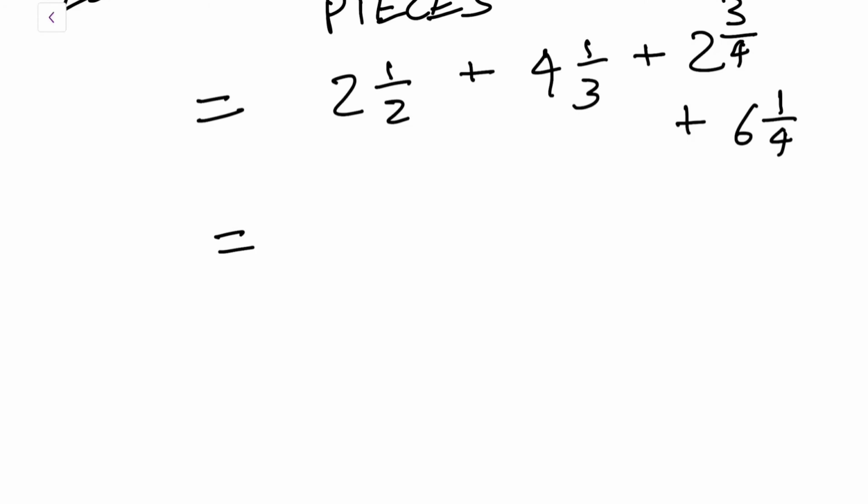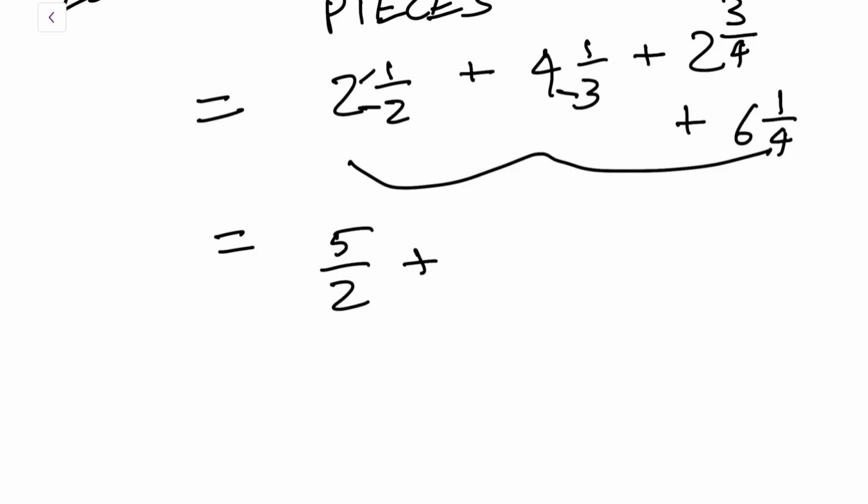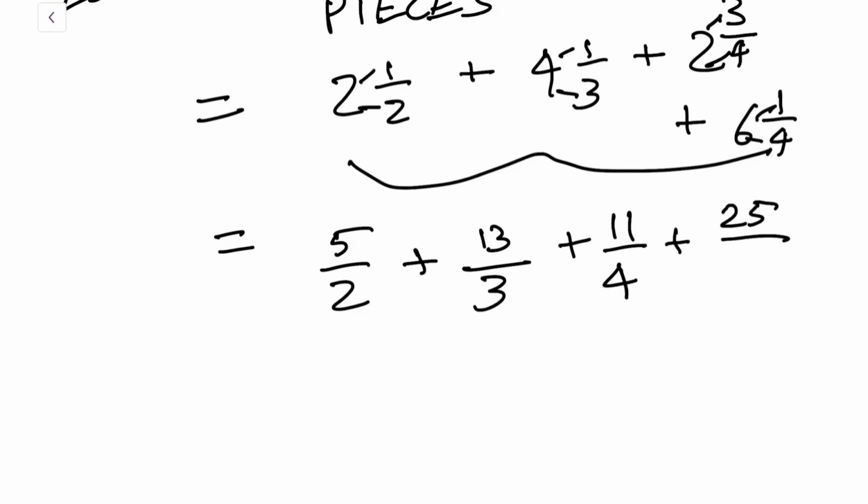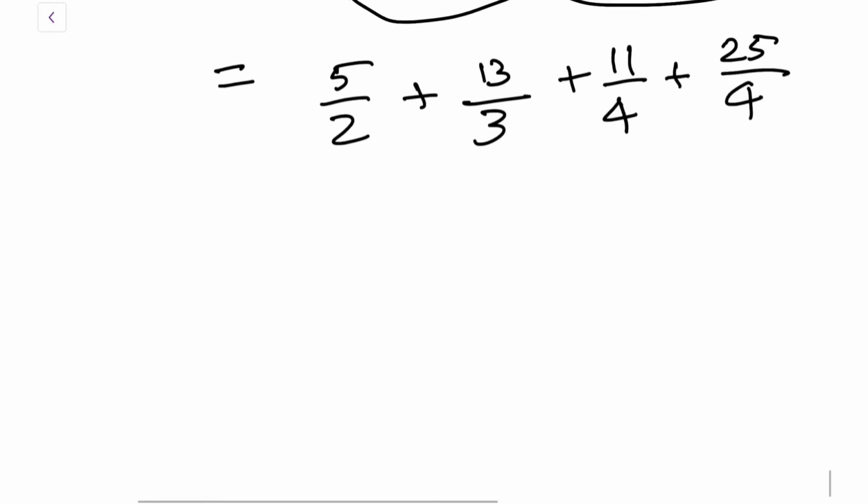Once you do this, it's a regular addition of fraction problem. So change it into improper fractions. 2 2s are 4, 4 plus 1 is 5 by 2, plus 4 3s are 12, 12 plus 1 is 13 by 3, plus 4 2s are 8, 8 plus 3 is 11 by 4, plus 6 4s are 24, 24 plus 1 is 25 by 4.